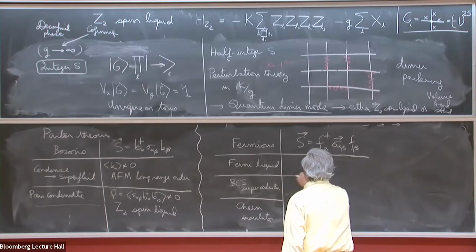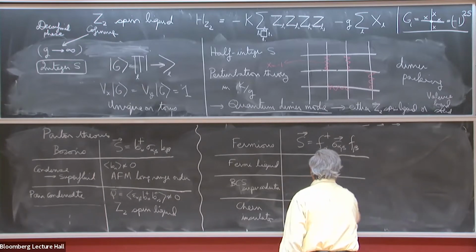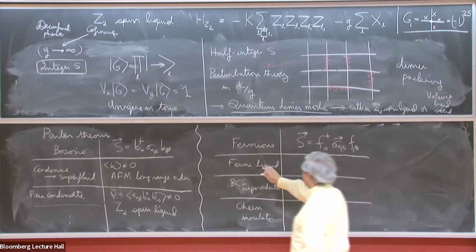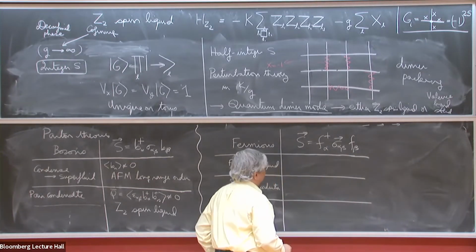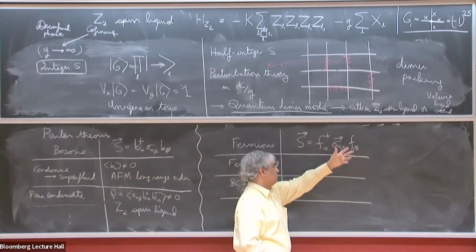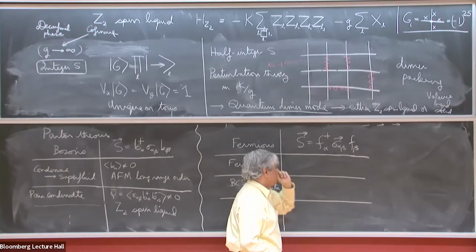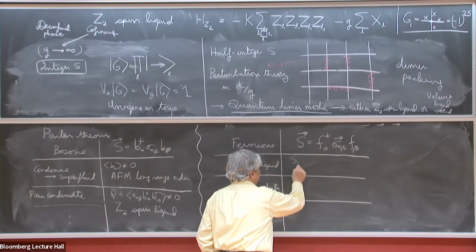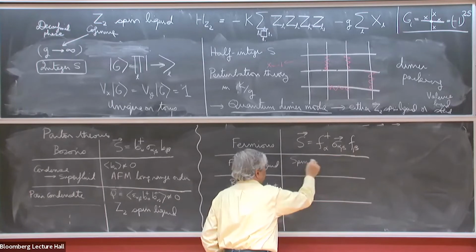So what will we get here? Here, for a Fermi liquid, you'll get these fermions, we call them spinons. They just carry spin, they don't carry charge. And the spinons form a Fermi surface, you'll get a spinon Fermi surface.